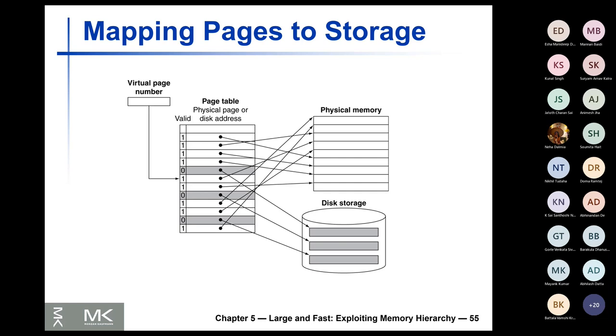Now think about it. This page table is a non-negligible sized data structure. It has more than 1 million rows.